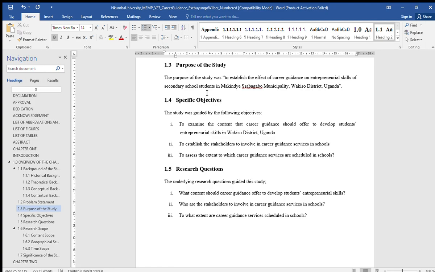Then, after purpose of the study, we put 1.4 is specific objectives. Then 1.5 is research questions.